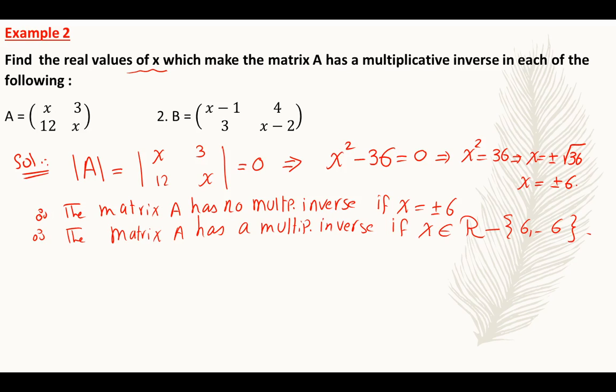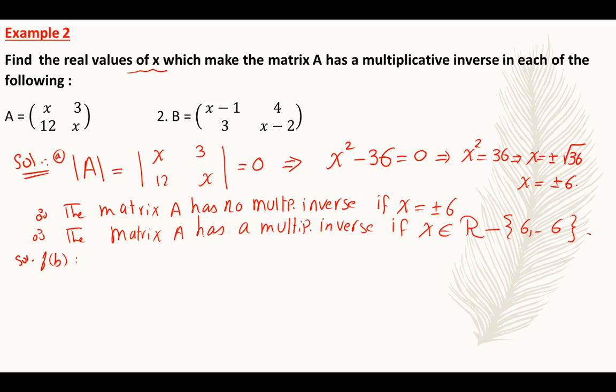Let's solve example B. This is the solution of A, and here we are going to find the solution of B. Here, first we are going to find the values of x which make the matrix B have no multiplicative inverse.